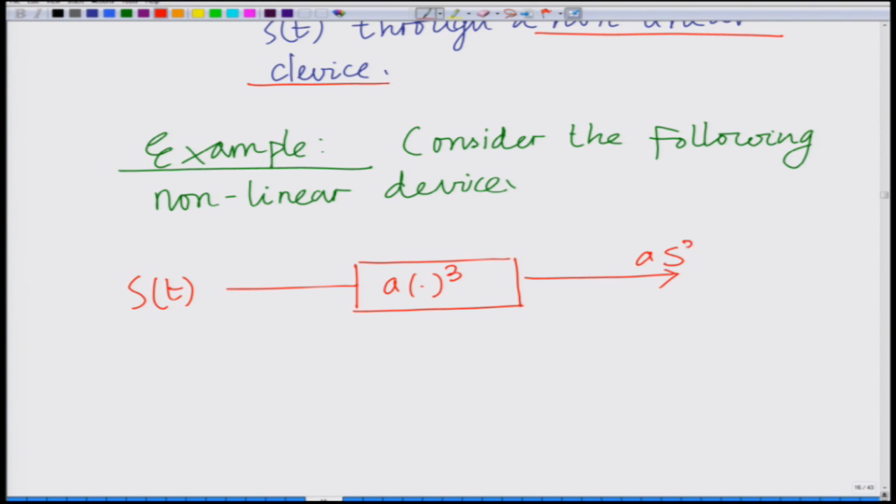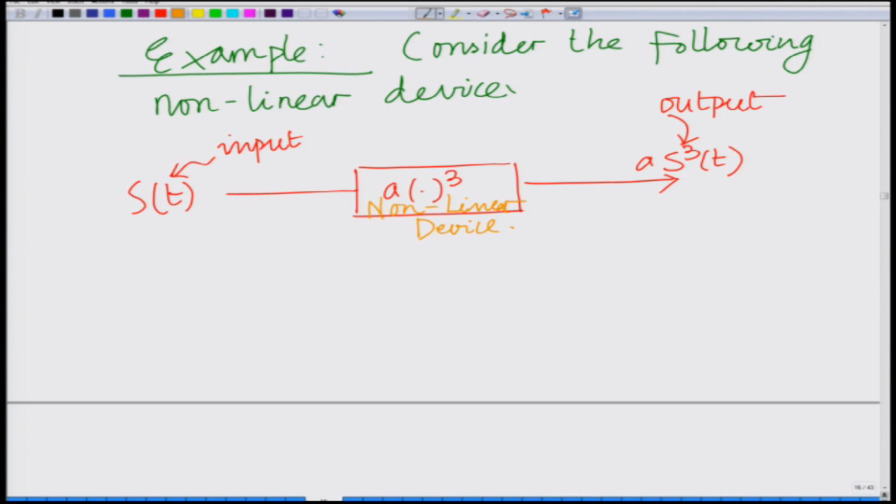So, the output is a times s cube of t, and you can clearly see this is a cubing operation. It is straightforward to see that this device is a nonlinear device.